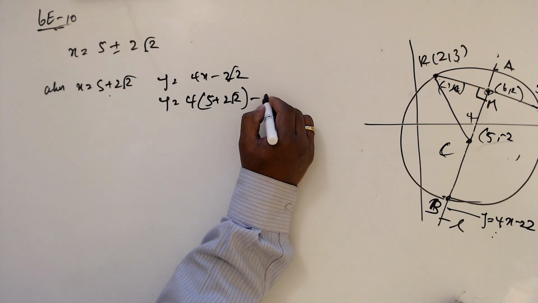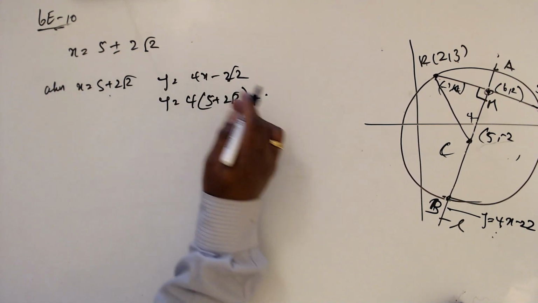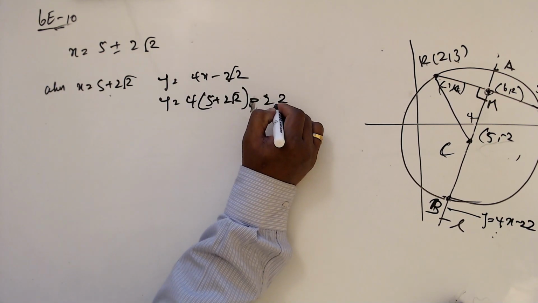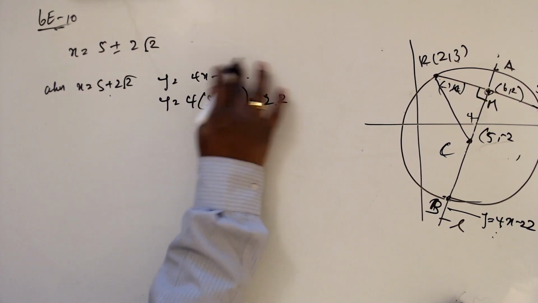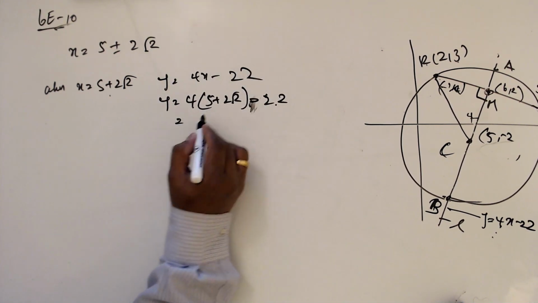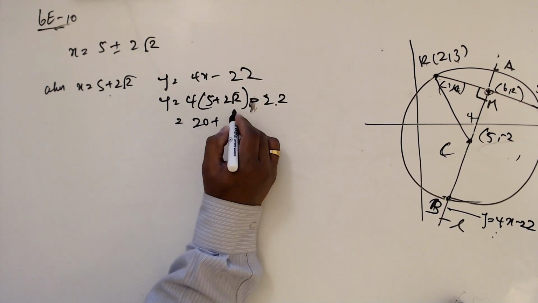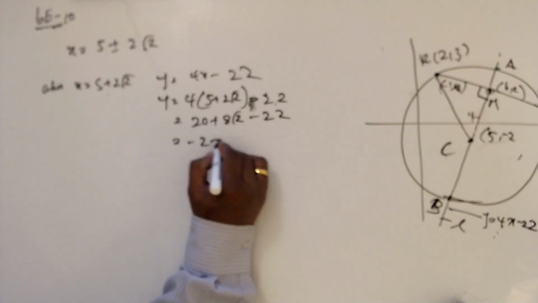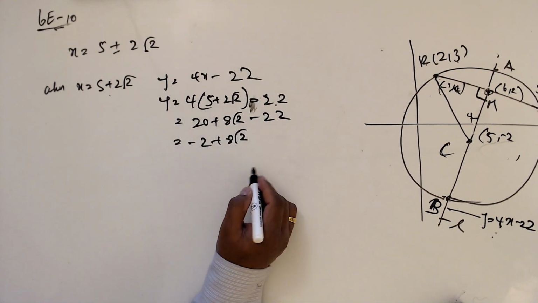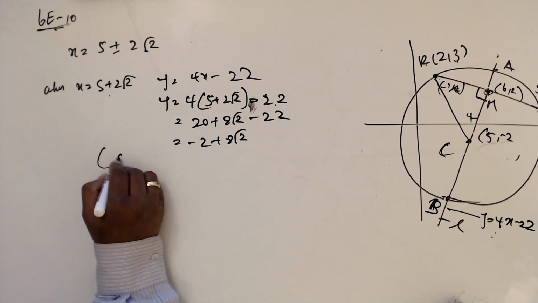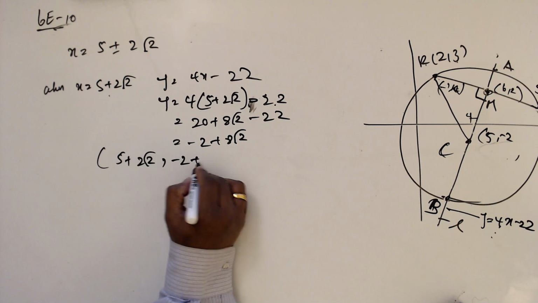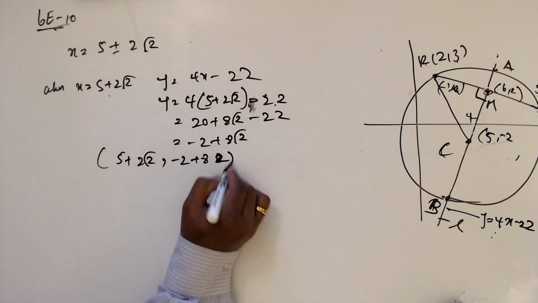So 4 times 5, 20, plus 8 square root 2, minus 22. This is going to be minus 2 plus 8 square root 2. So one point is 5 plus 2 square root 2, comma, minus 2 plus 8 square root 2.